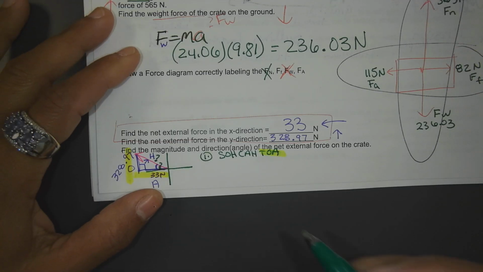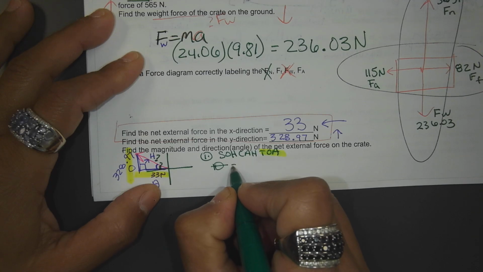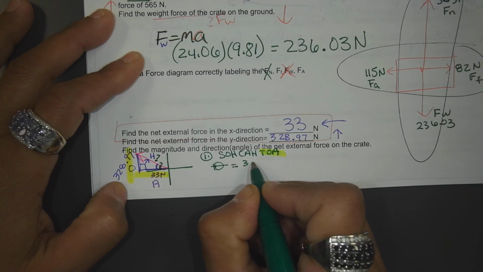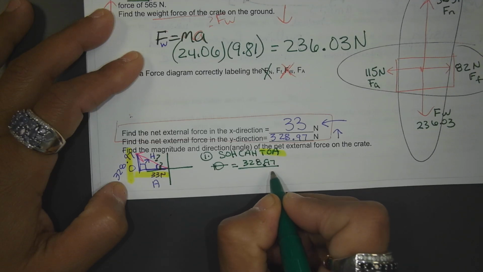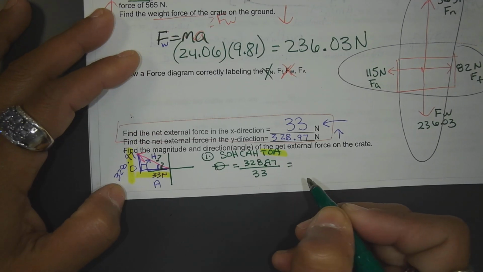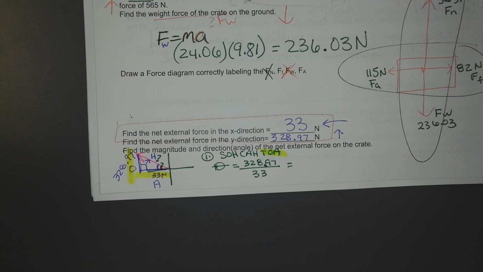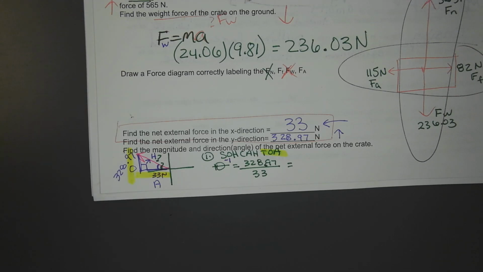The tan equals the opposite leg, which is 328.97, divided by the adjacent leg, which is 33, equals, oh, don't forget, when you're looking for the theta, you need to hit the inverse key. So I'm going to hit the inverse button.